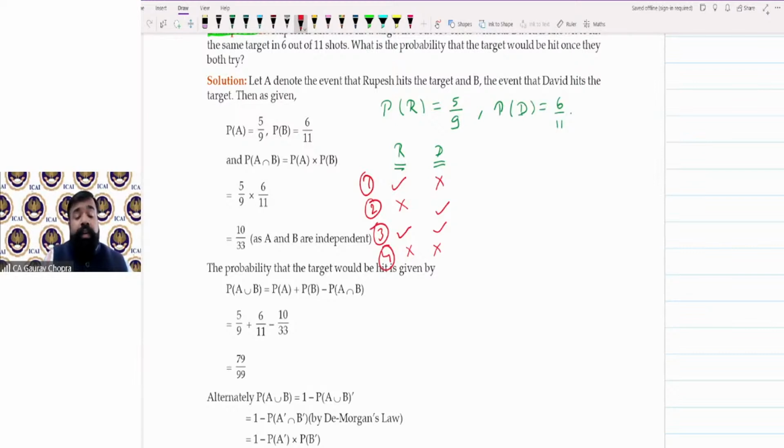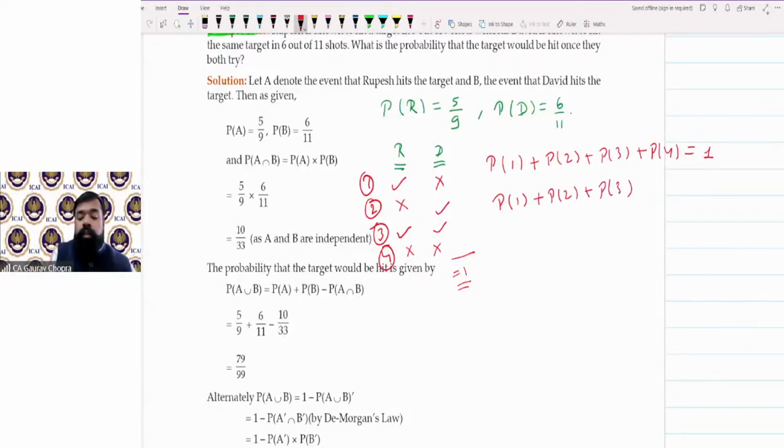Whenever the events are exhaustive, the sum of probabilities is equal to 1. So the probability of the first case plus the second case plus the third case plus the fourth case is equal to 1. According to the condition, we require the first, second, and third, because we need the target to be hit. So we are sending the fourth case to the other side.